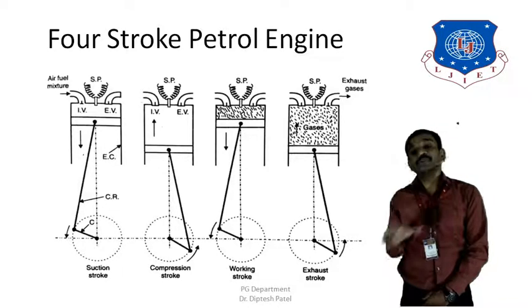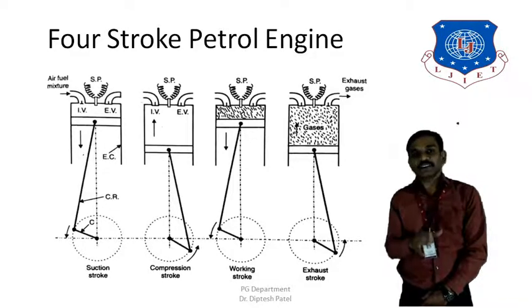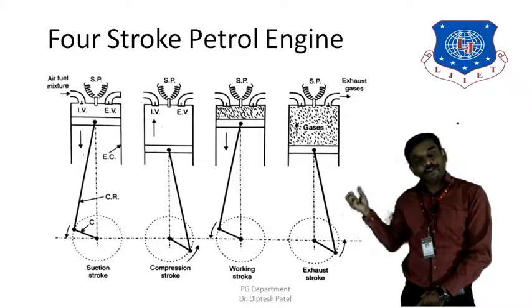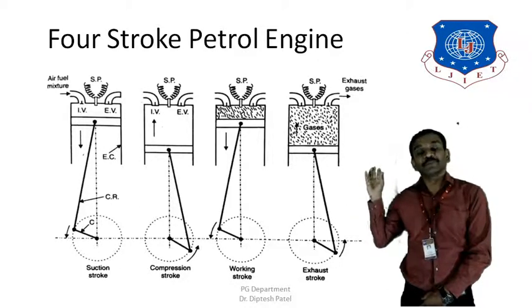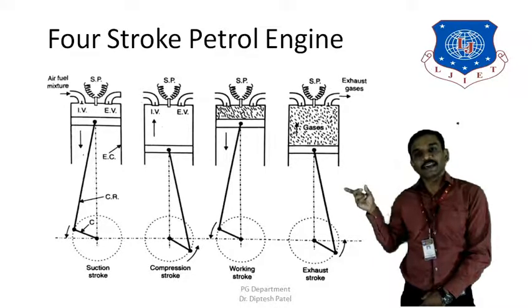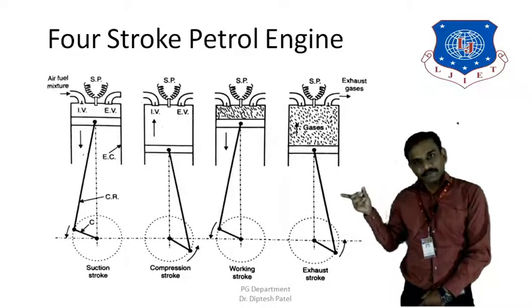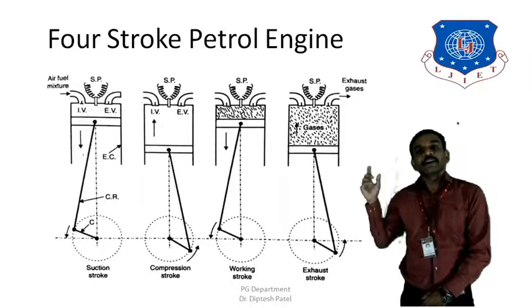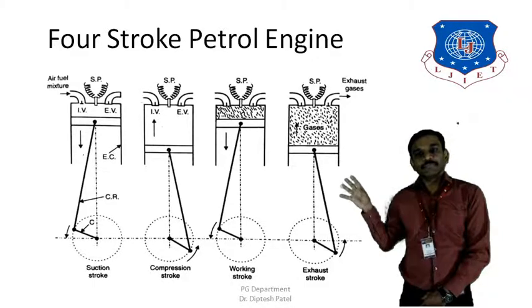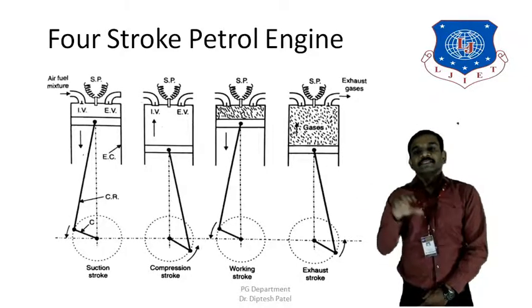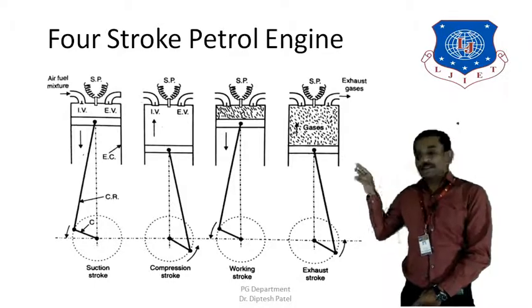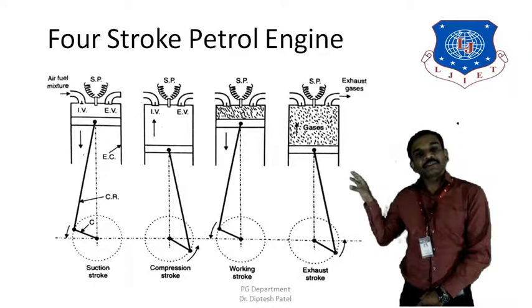Due to the pressure difference, the inlet valve remains open at that time and fresh air from the atmosphere, or actually an air and fuel mixture, air from the atmosphere and petrol from the fuel pump, is taken into the cylinder. Then this mixture remains in the cylinder.